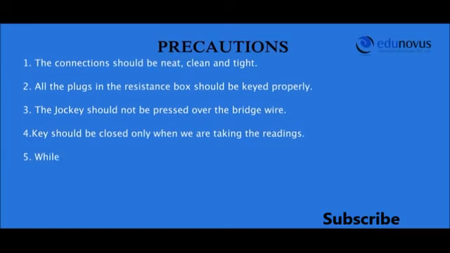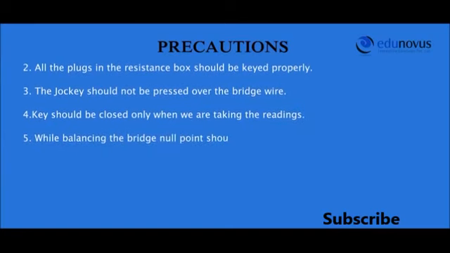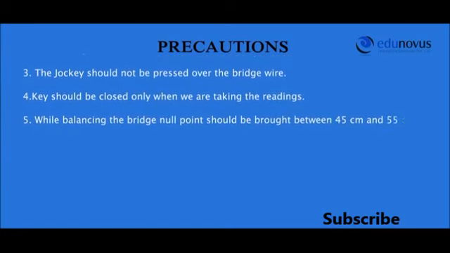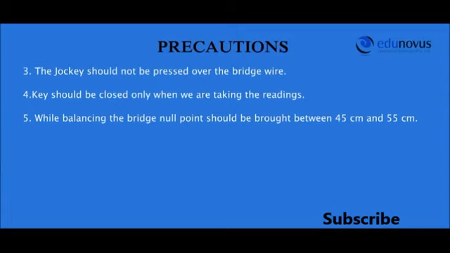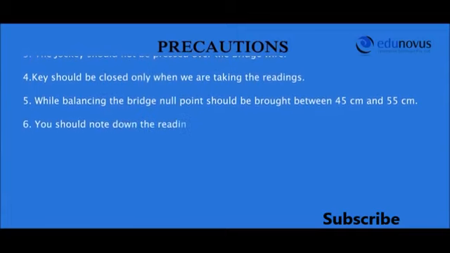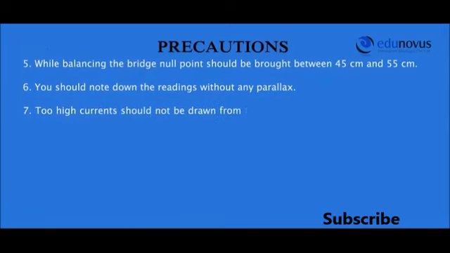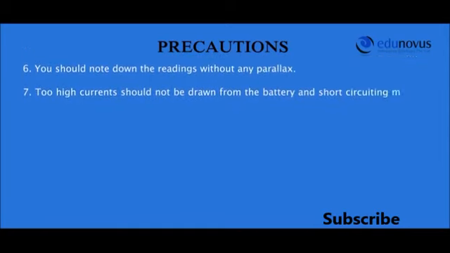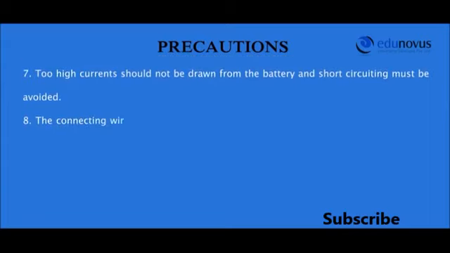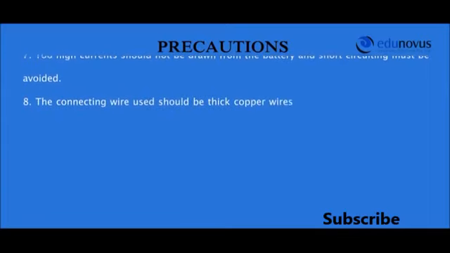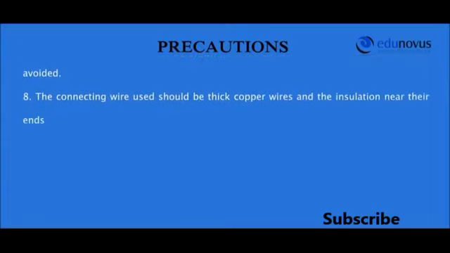While balancing the bridge, null point should be brought between 45 cm and 55 cm. We should note down the readings without any parallax. Too high currents should not be drawn from the battery and short circuiting must be avoided. The connecting wire used should be thick copper wires and the insulation near their ends should be removed and rubbed with sandpaper.